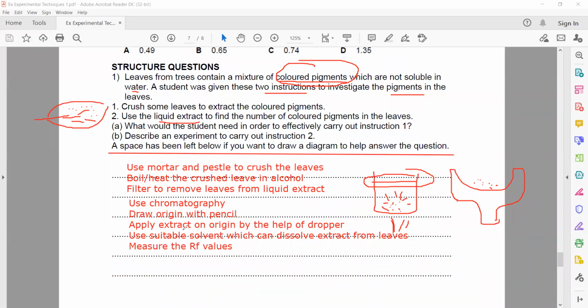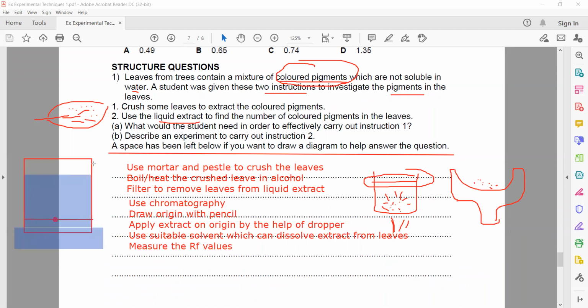So how can we do it? We can use chromatography. We draw the origin with pencil, place the extract which we obtained in the first part, then use a suitable solvent, not water because they mentioned it is not water soluble, so you cannot use water, any other.